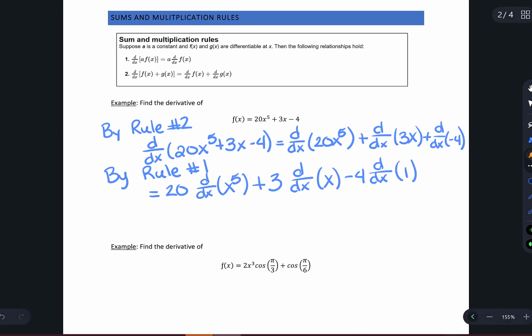Now, looking at this last term here, notice we're taking the derivative with respect to x of a constant, or just 1. In other words, there's no x involved. So this piece actually just becomes 0.